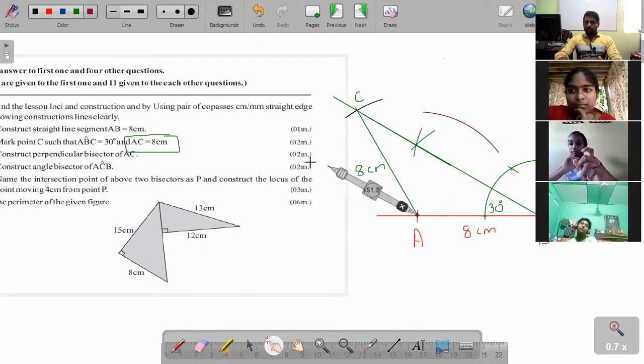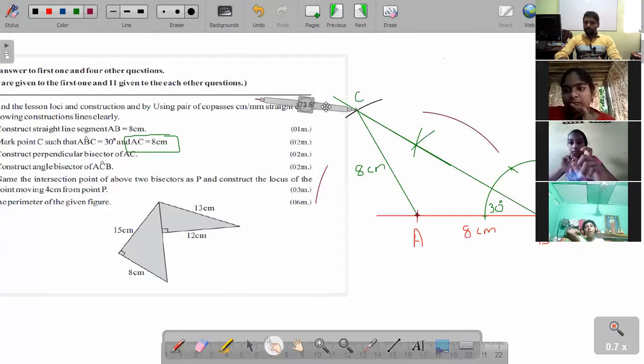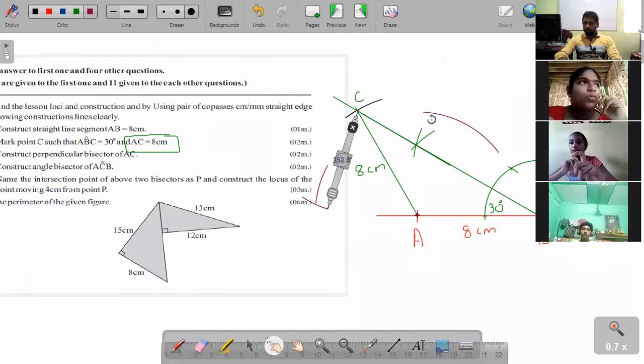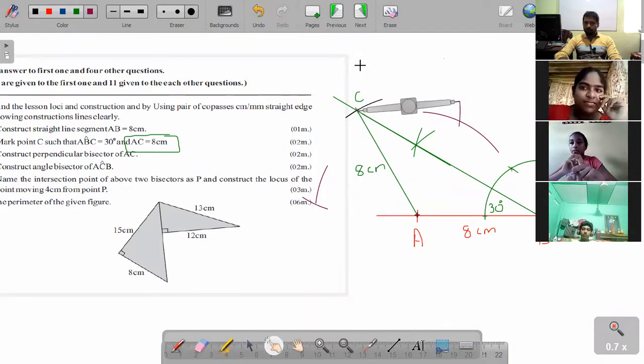Either side you have to draw 2 arcs. Then again, without changing the distance, you have to keep the metal point at C and intersect previous arcs. This one not intersected.